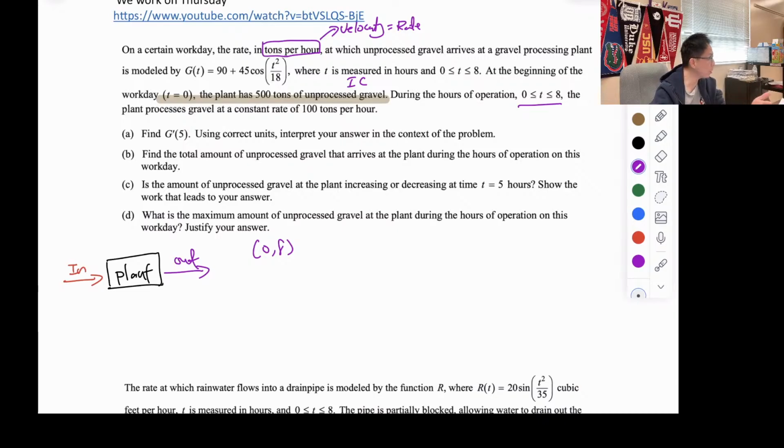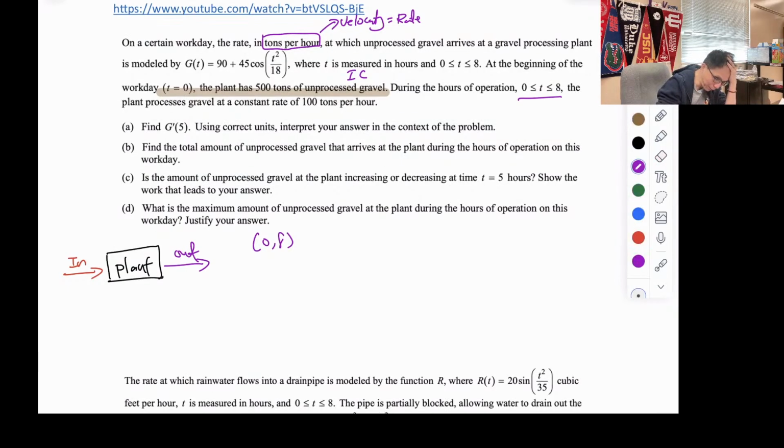If I integrate, what will happen? Position. So what will be the unit in here? If I integrate meters per second, what am I going to get? Meters, right? Same exact thing. So G prime of t, that's G of t.